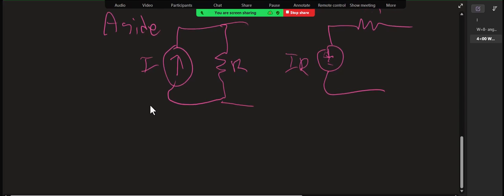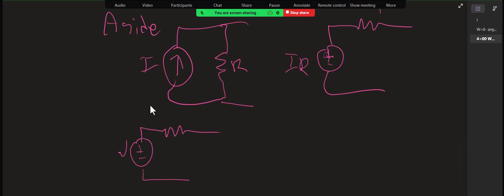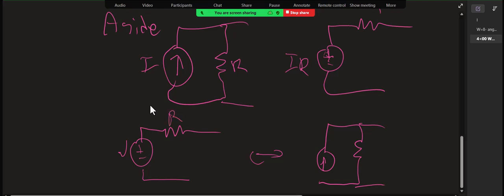And then similarly, if I had a voltage source in series, that is equivalent to a current source and resistor in parallel.